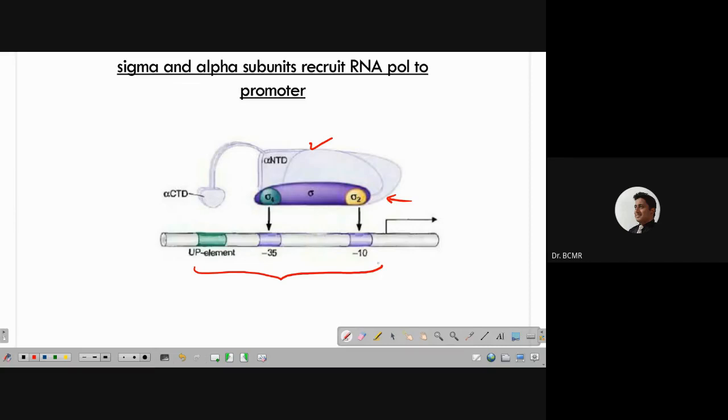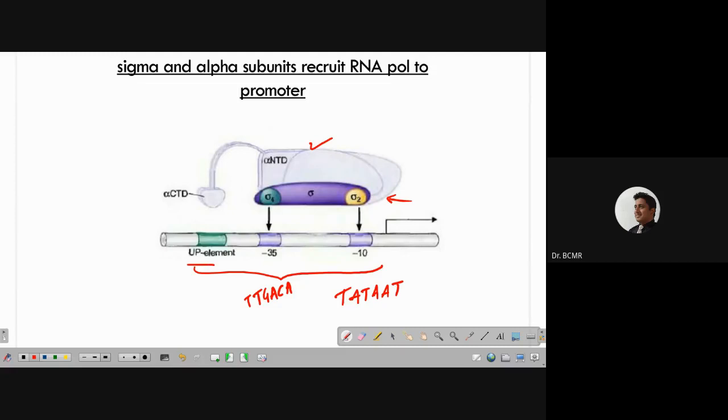Promoter with -10 sequence TATAAT, the consensus sequence. There could be variation in different genes and promoters. -35 is TTGACA. This is for E. coli. Different species may have differences in the recognition sequences of -10, -35, and so on.